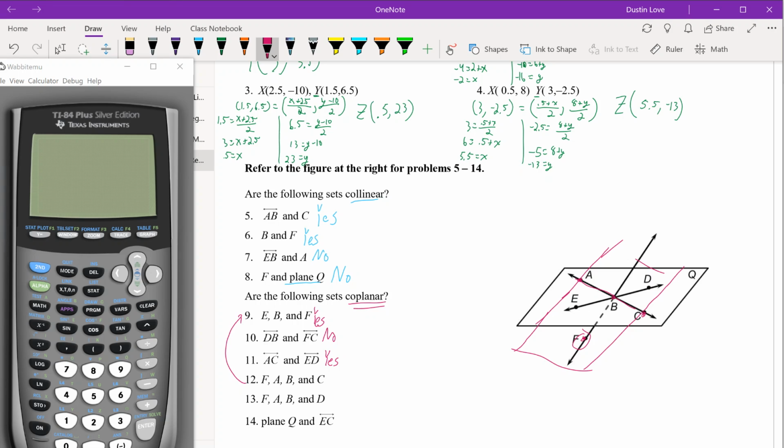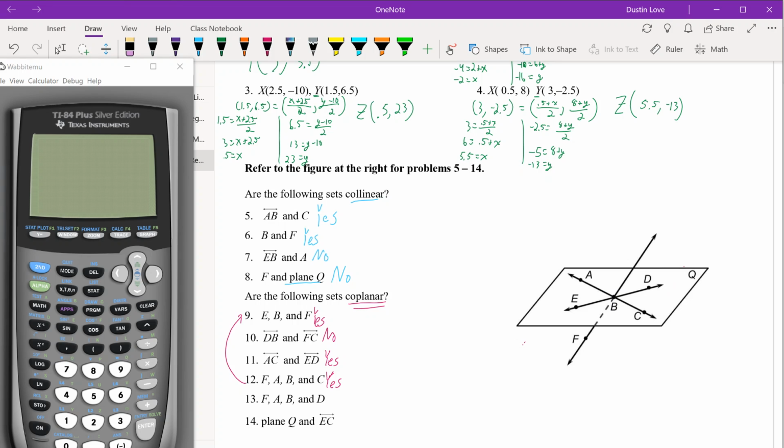Remember, for three collinear points, there's an infinite number of planes that could be passing through those three points. So naming three collinear points is effectively the same as naming just two. So I'm just worried about F, A, and C. But yes, they are coplanar. It's just not drawn here. So there is my yes.